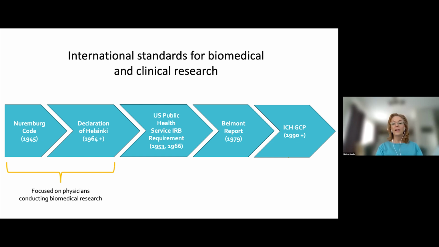And so whereas the early principles really focused on physicians conducting biomedical research, now we've got an expanded catchment to behavioral and social sciences research. And these are principles that I think we're all familiar with, and we have things in place to make sure that there's some oversight and review of our studies related to those principles.